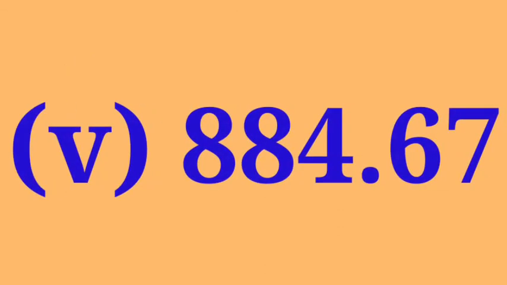A fifth example is to express 884.67 in the standard form. Now, for a case like this, when the given number is greater than 10 but there is a decimal point in between, what do we do? To obtain the standard form, you start by putting the decimal point just after the first digit from left.